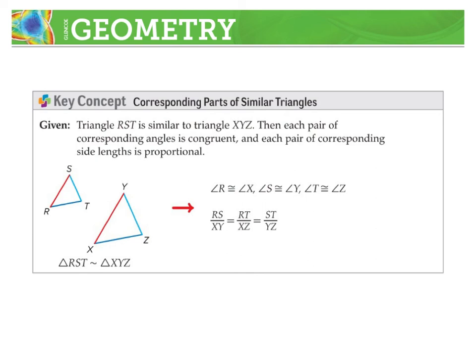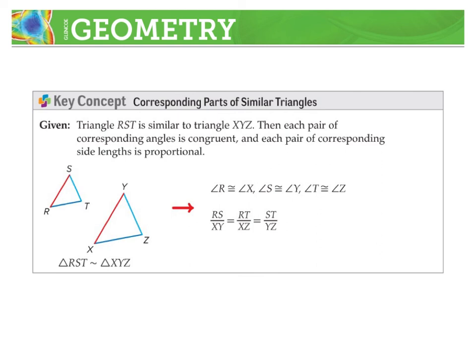And as a final thought, if we're given that triangle RST is similar to triangle XYZ, then each pair of corresponding angles is congruent and each pair of corresponding side lengths is proportional.